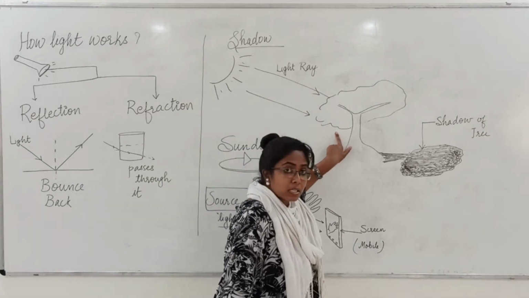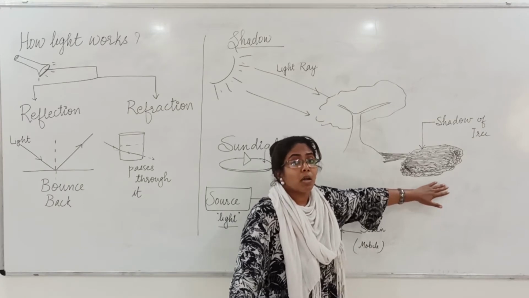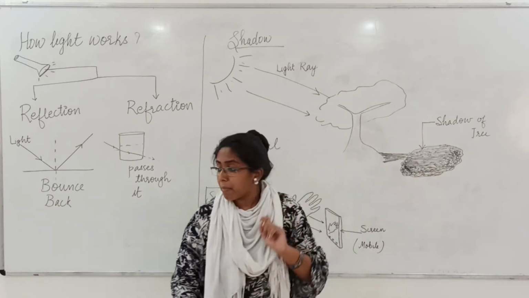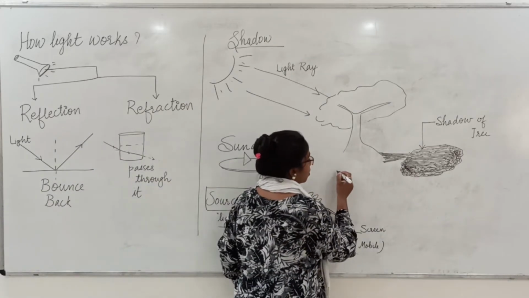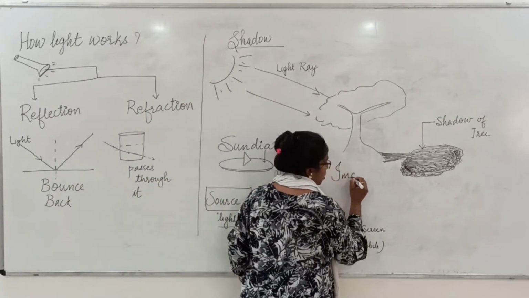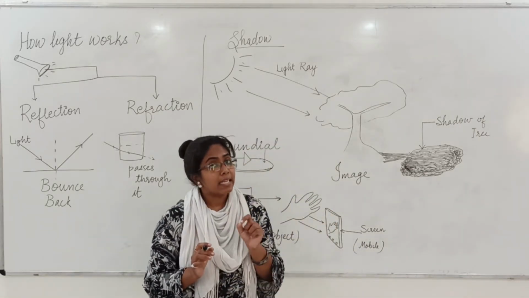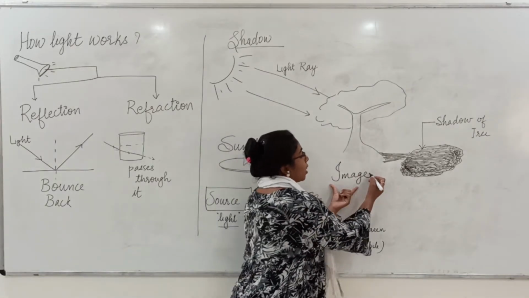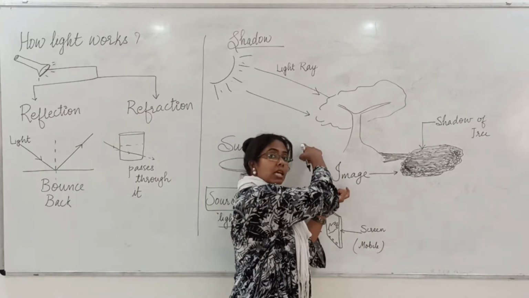The tree blocks it and its image is formed here. Now what is the meaning of image? I'm writing here the word image. Image is anything which is available when the light is blocked.